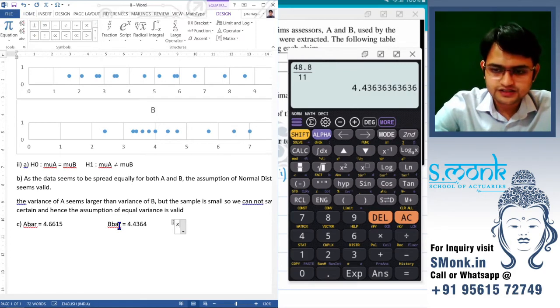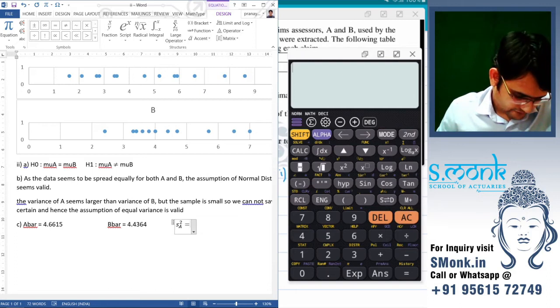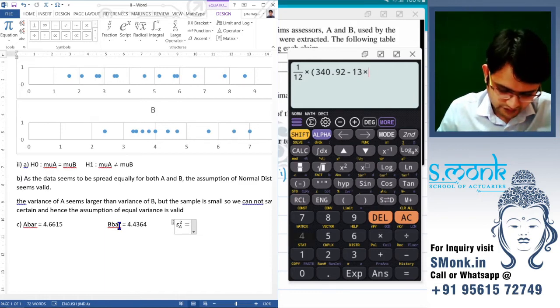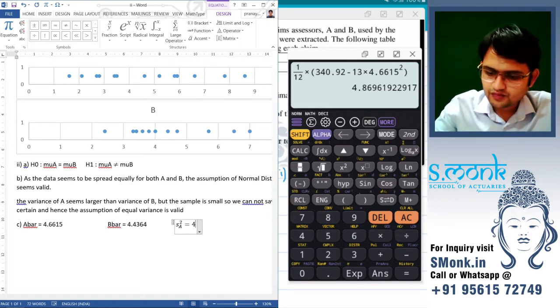I will say s raised to 2 underscore A. If I press equal to space, you will see that we get s A square equal to, calculate that, 1 by n minus 1, so 1 by 12, and summation x square is given as 340.92 minus 13 into our A bar square, 4.6615, 4.8696.